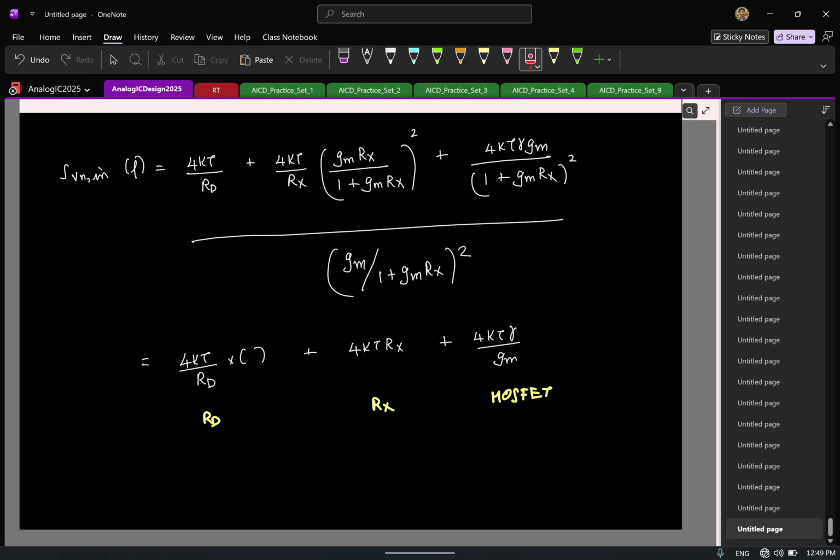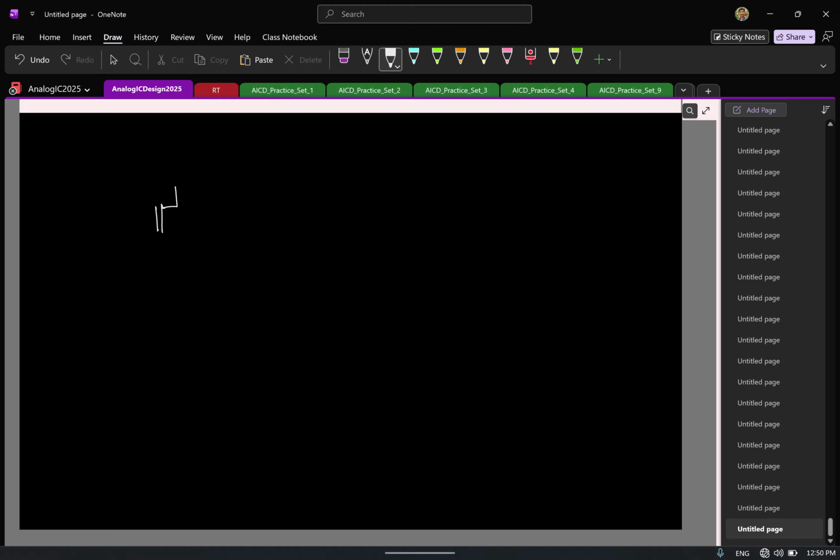I would like to draw your attention to this factor. For the MOSFET, it comes out as 4kT gamma by gm. I want to explain why that makes sense. Let us say you have a MOSFET. How do we model the noise in the MOSFET?